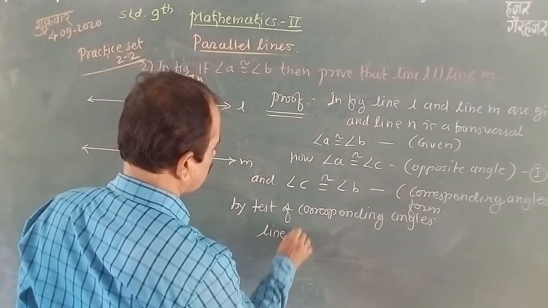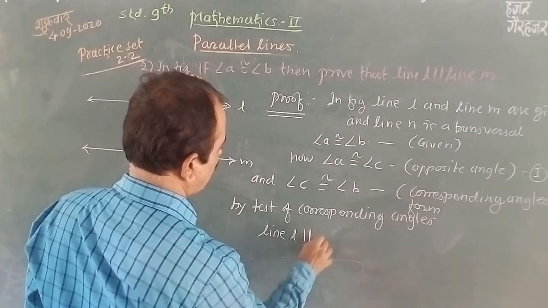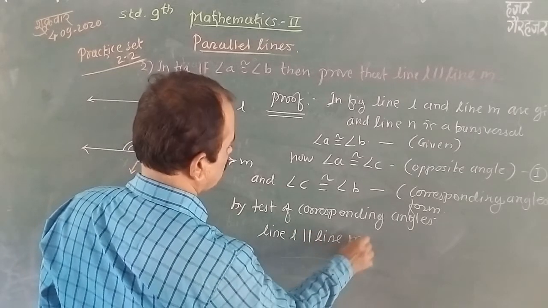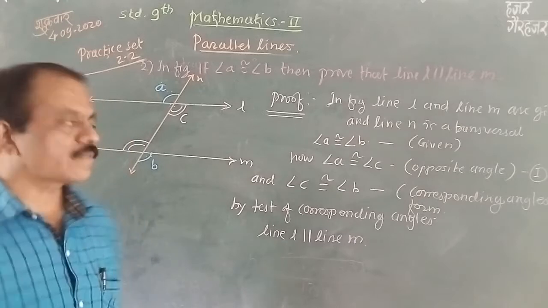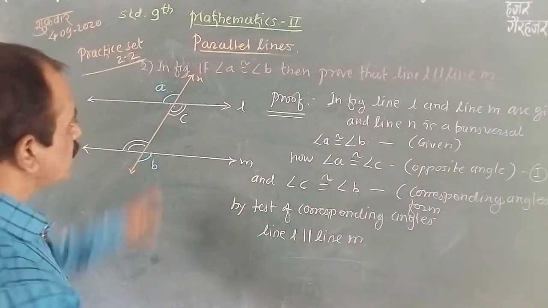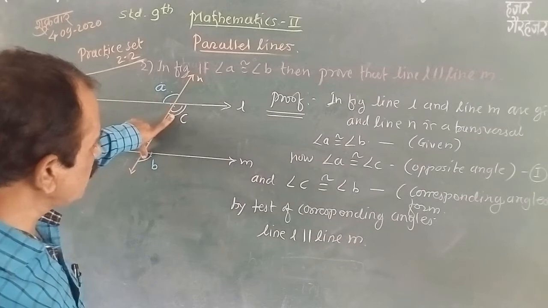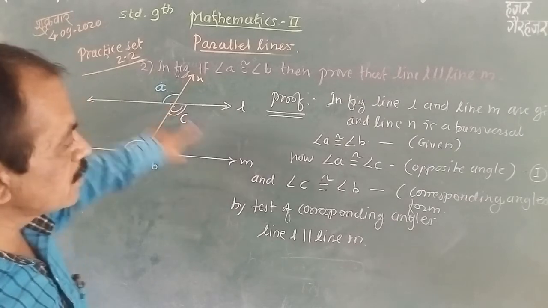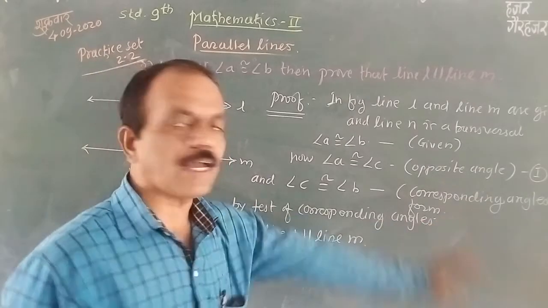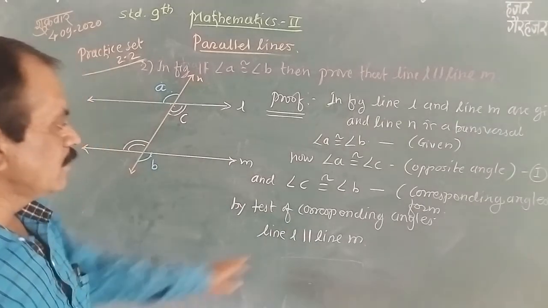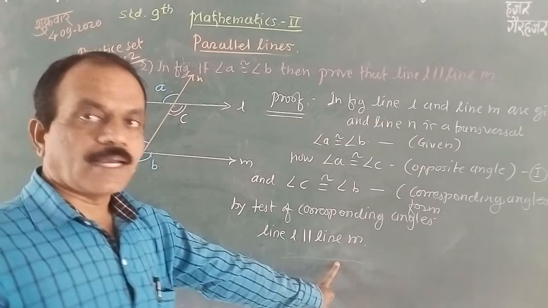Line L is parallel to line M. This is your answer. This is one type of answer in which we use only an opposite angle, and these two angles are congruent. Then we say that by the corresponding angle test, line L is parallel to line M.